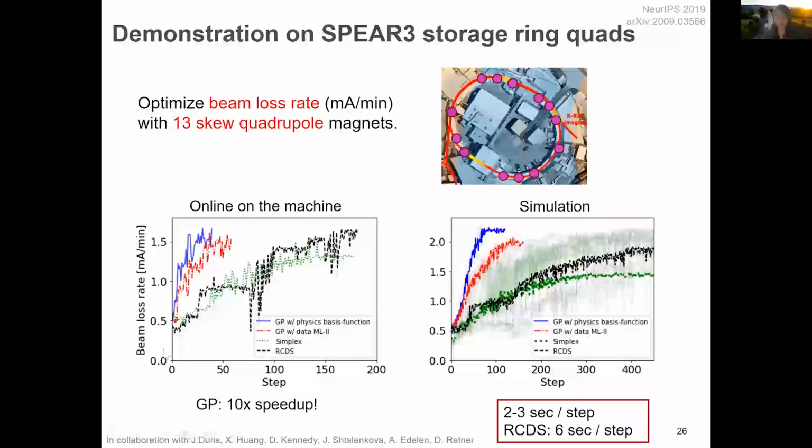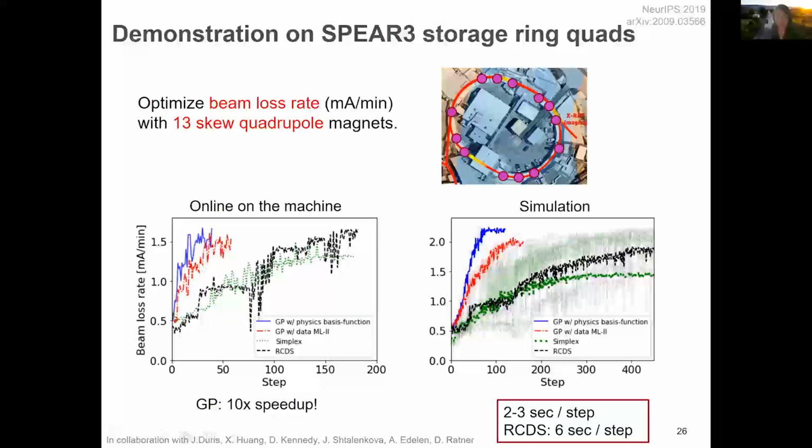We see that we want to maximize the beam loss rate. And you can see here that online on the machine and also in simulation, the Gaussian process with the physics-informed basis function converges faster than the GP trained on archive data with ML type 2. And also, please remember that the red curve is a GP with only a diagonal kernel, whereas the blue line here is a GP with a full precision matrix, so also correlations included.